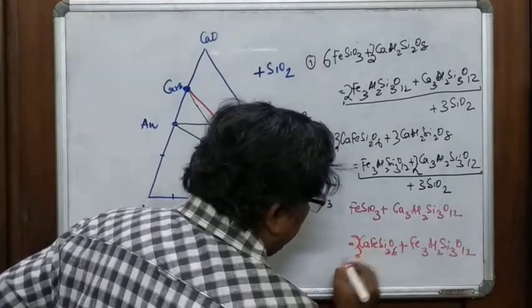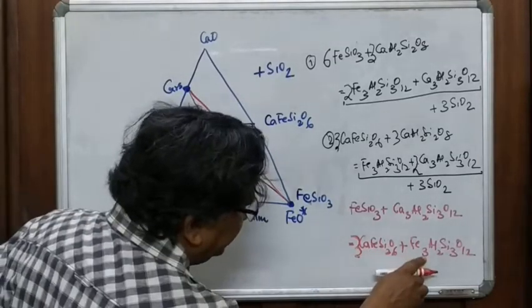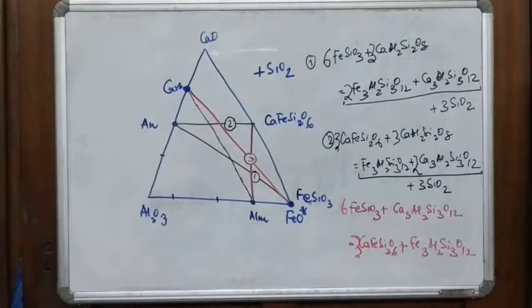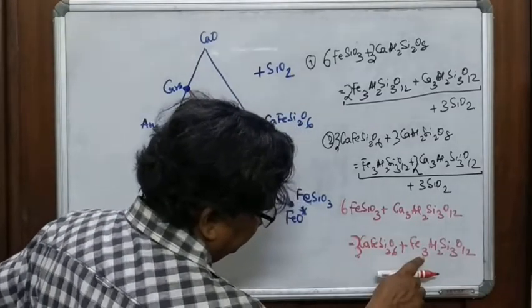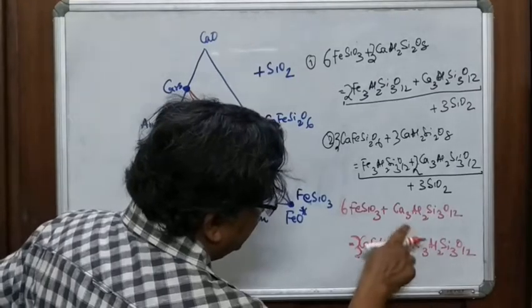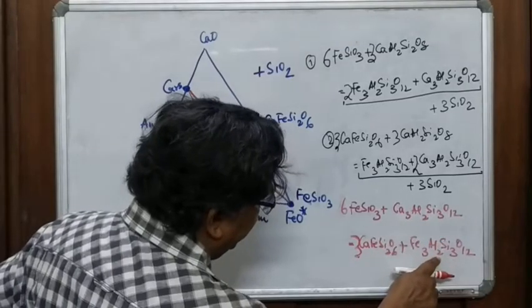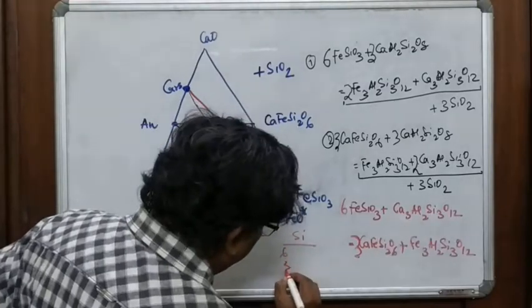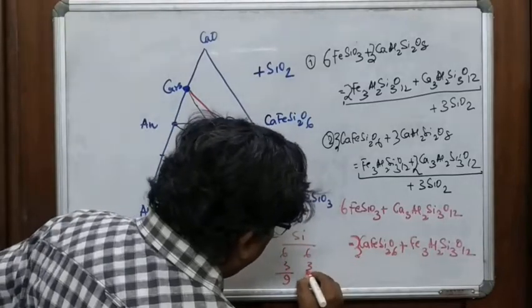If I do this 3 grossular, so what will happen is I will have 3 iron and 3 iron, so that will be 6 iron. 6 FeSiO3, 6 iron, 6 iron, right? 3 calcium, 3 calcium, 1 aluminium, 1 aluminium, and silicon, if I look, it is 6 plus 3, that's 9 silicon on the left hand side, and the right hand side it's 6 plus 3, 9.